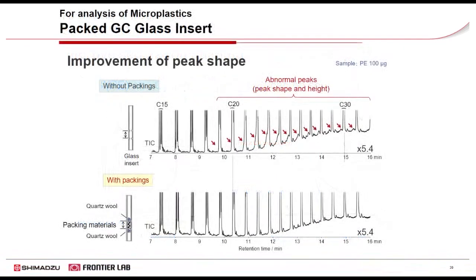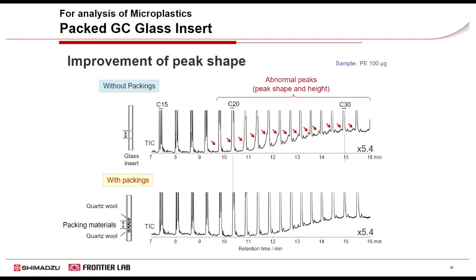We also have a packed GC glass insert to improve the peak shape of pyrolysates generated from microplastics. In addition to a better peak shape, the packed GC glass insert also increases the accuracy of qualitative and quantitative work of a specific plastic in polymer mixture samples.